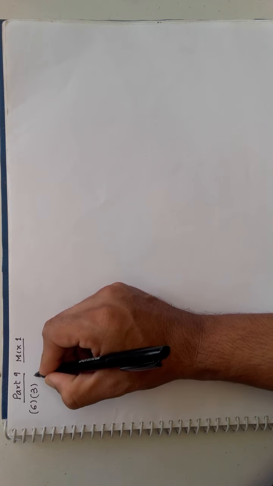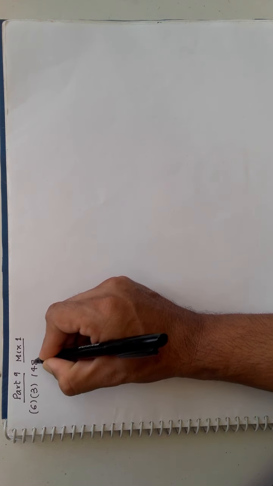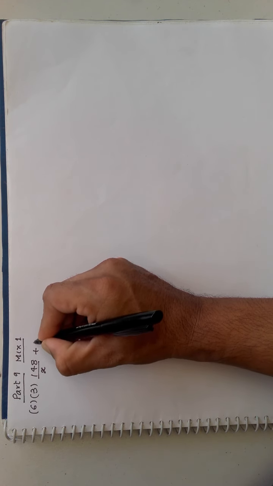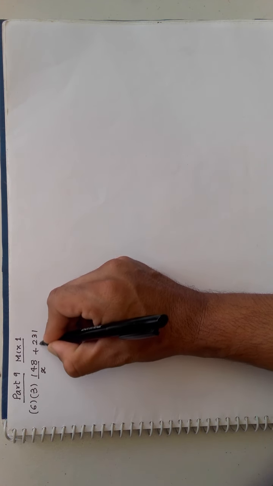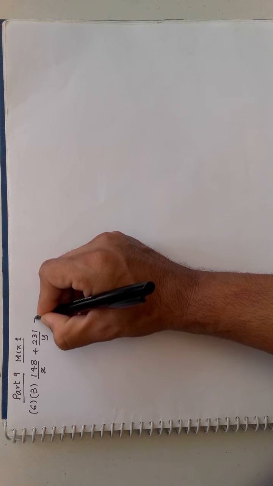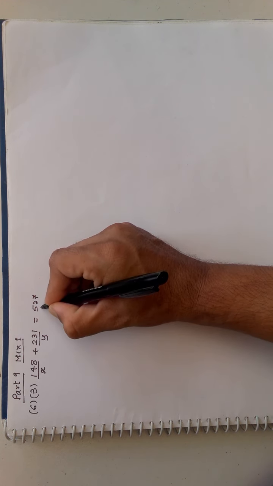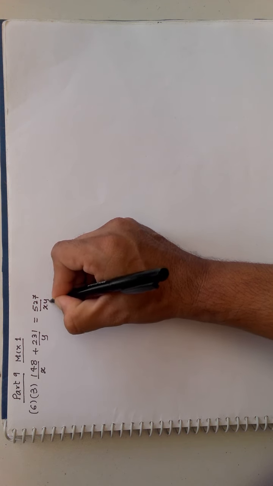The question says it is 148 upon x plus 231 upon y is equal to 527 upon xy.